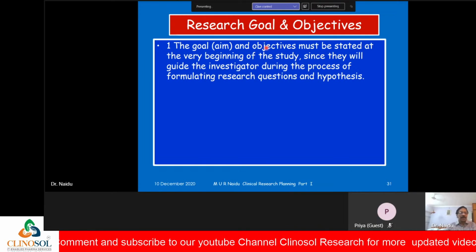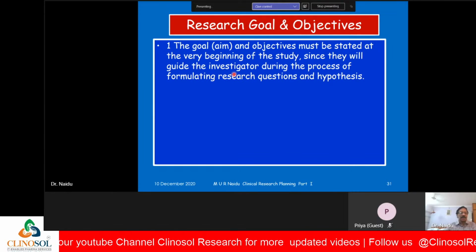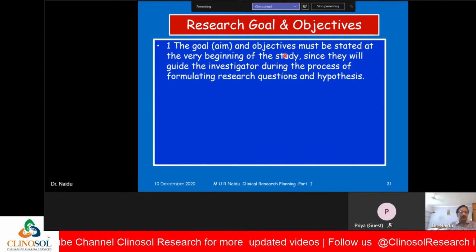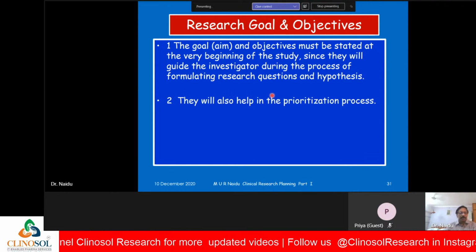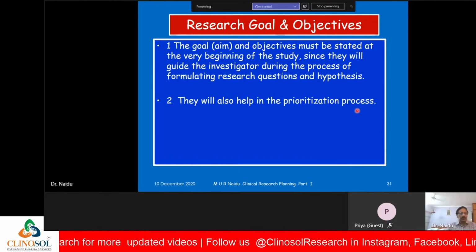So the aim and objective of any study is very, very important, because that will guide every investigator, or the people who are looking into that. They will also help in prioritization of the process.